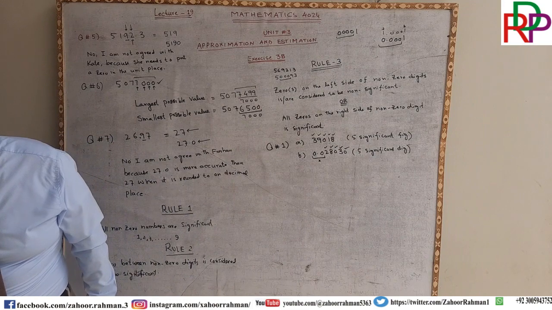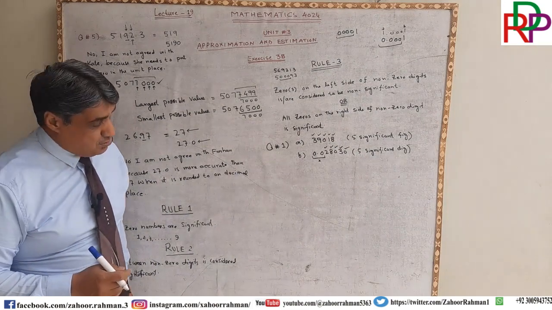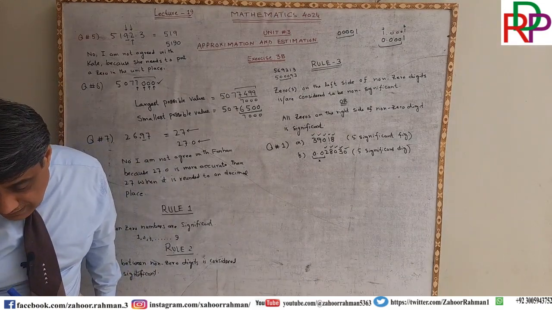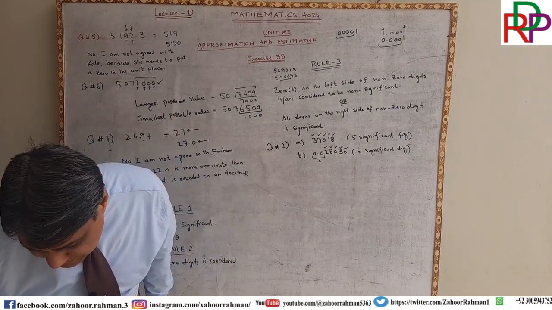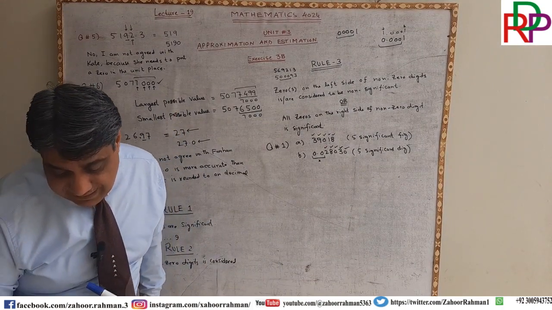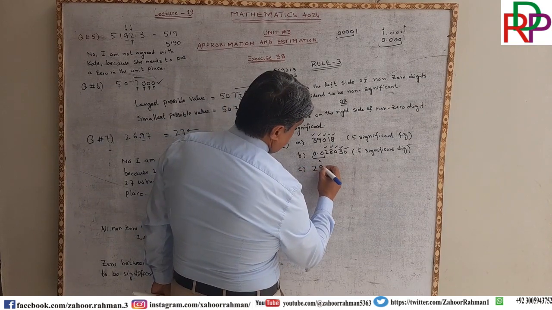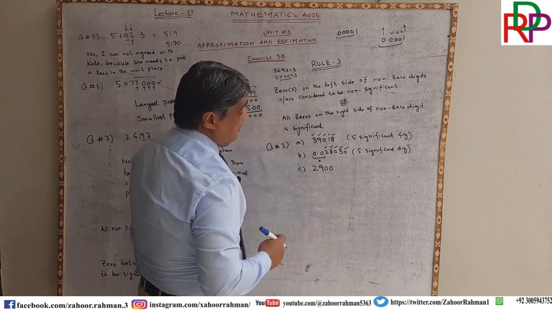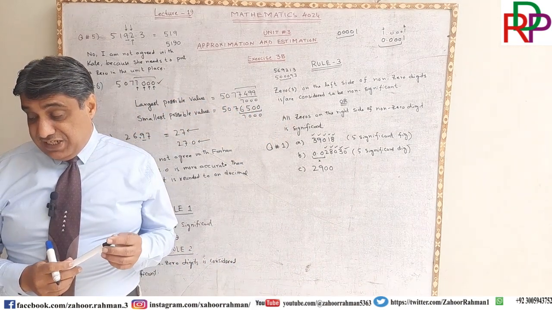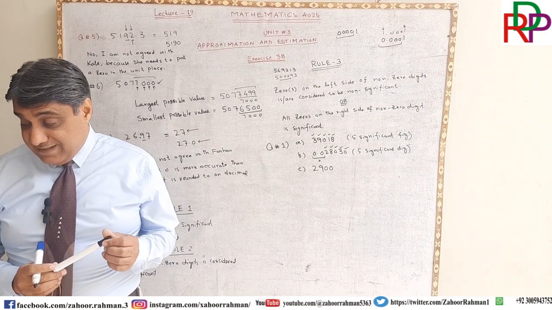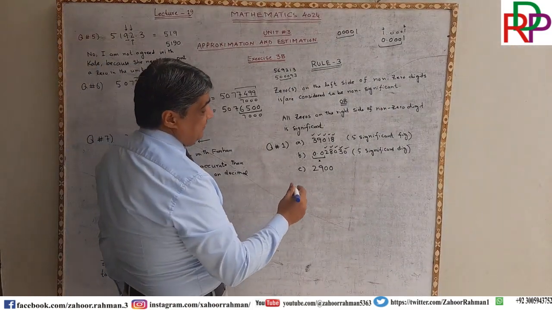The C part is saying 2900 to the nearest tens. How many significant digits are there?